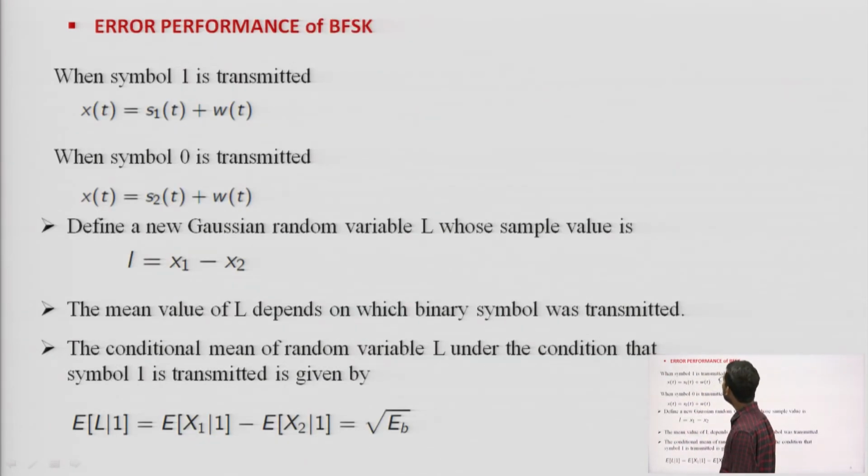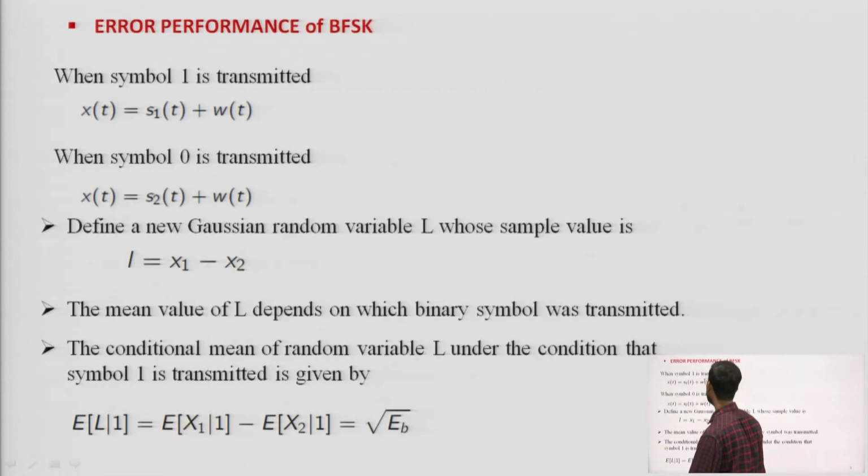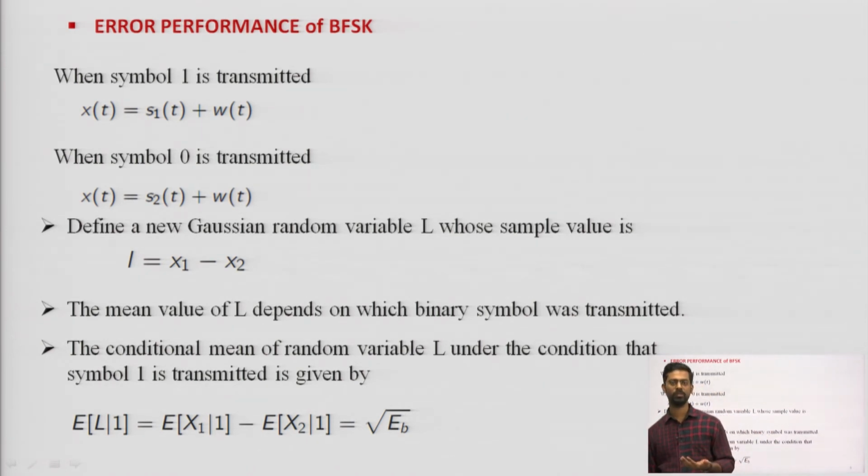Till now we have transmitted the signal and obtained x1 and x2. Now I will find whether I am getting the correct signal or not, and for that I have to analyze the error performance. In the case of BASK also we analyzed the error performance.